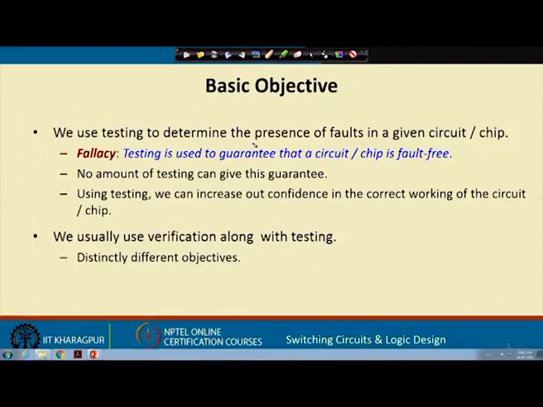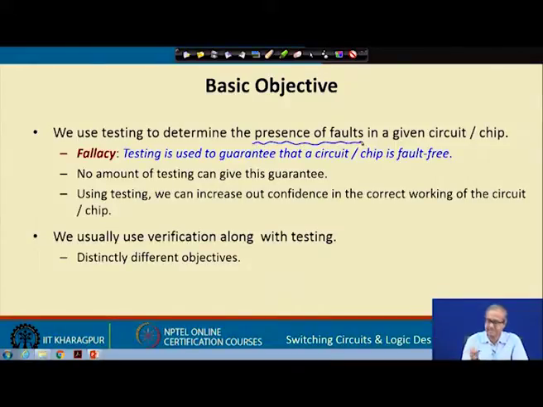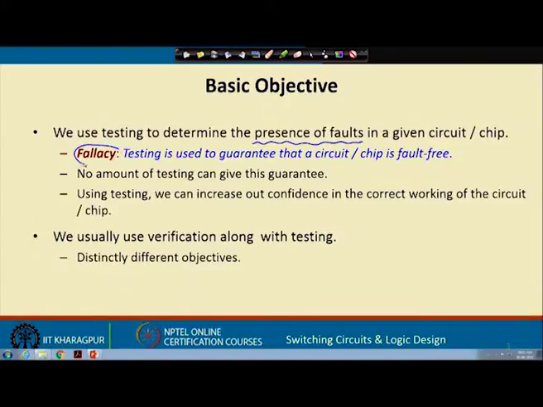Now, the basic objectives of testing. What is the basic objective that you are trying to meet? The point to note is that we use testing to determine the presence of faults if there are any. But there is a fallacy that someone thinks that, well, we do testing to guarantee that a circuit is fault free. But the problem is that no amount of testing can give you this guarantee.